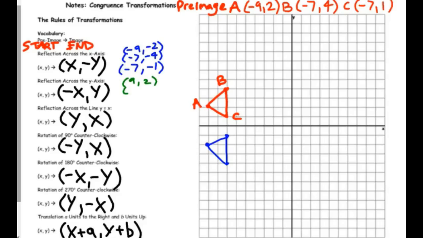So negative 7 becomes positive 7, 4. And then negative 7, 1 becomes positive 7, 1. The 1 stays the same. So do you see how we're using the rule to get the points? And now we graph them. So 9, 2, put a point. 7, 4, and 7, 1.